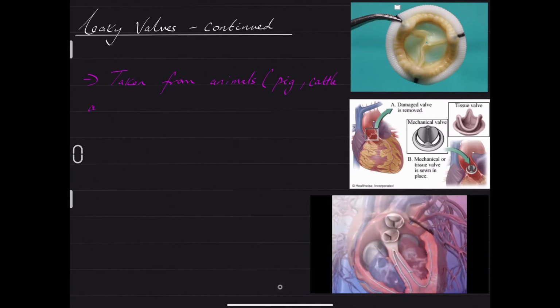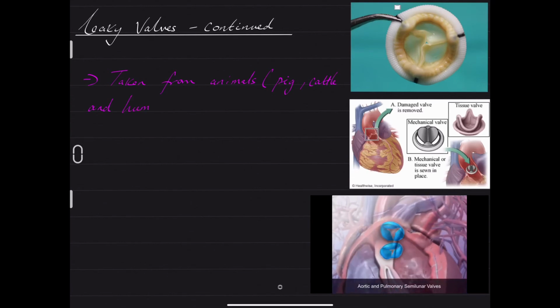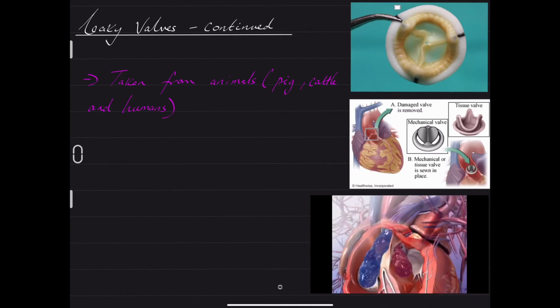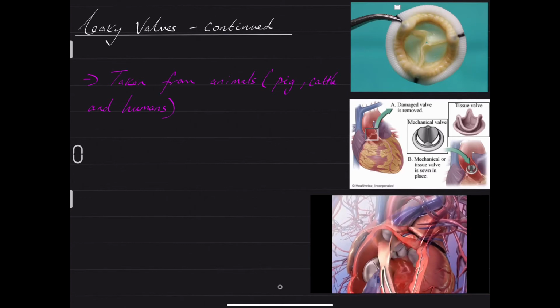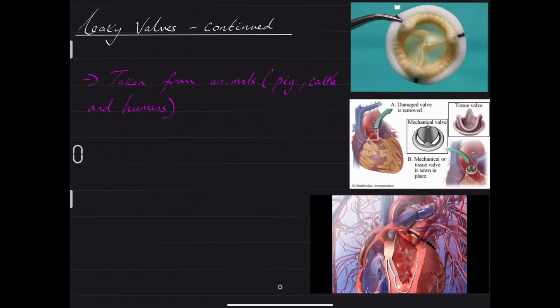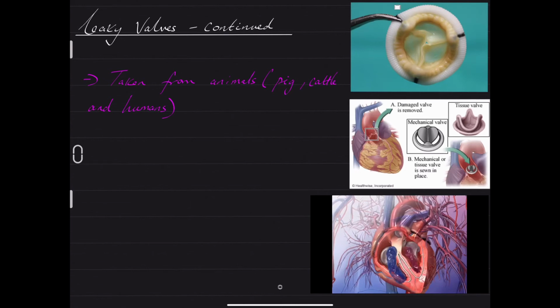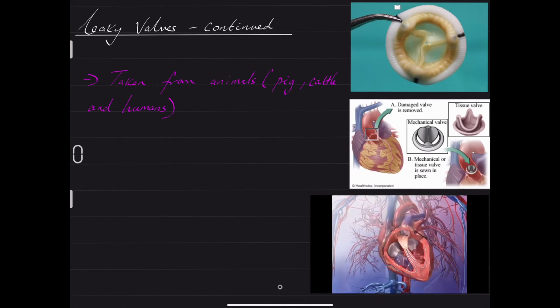So, and humans. Okay, so but these are biological valves. So a donor can supply you a biological valve. Now, they work better.